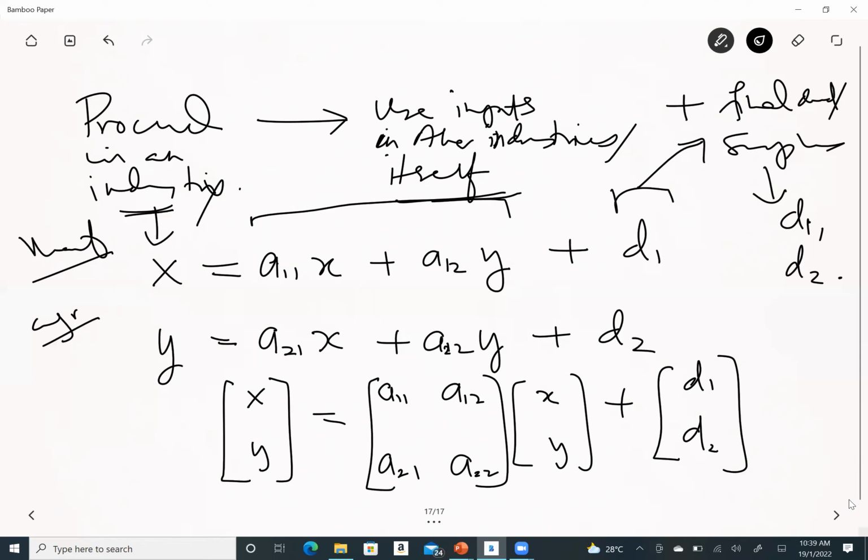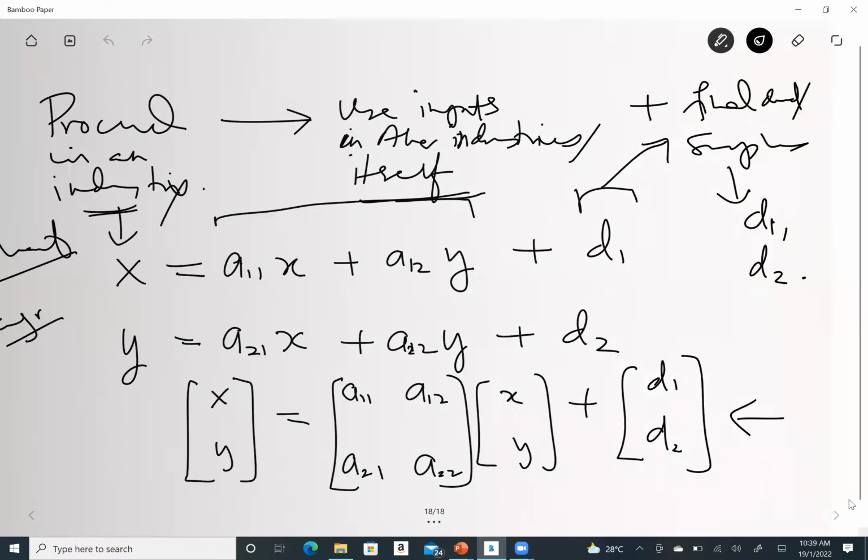So you have the matrix form X equals AX plus D. Okay, you finished? So now you write the matrix form. XY is the matrix X for the quantities of the industries.